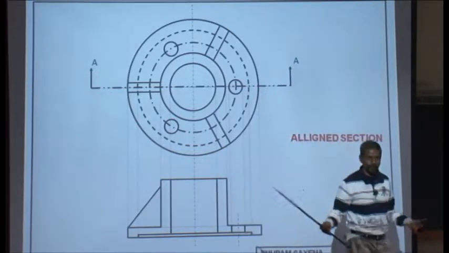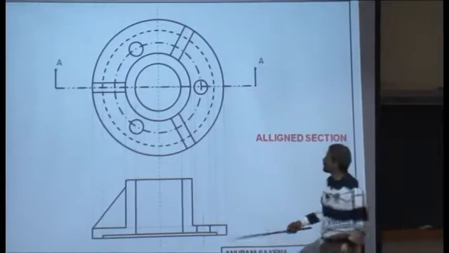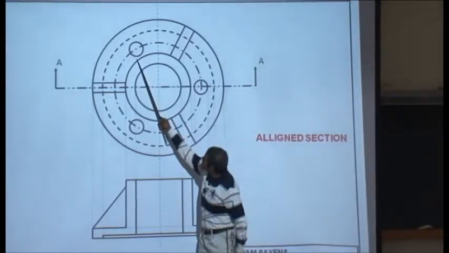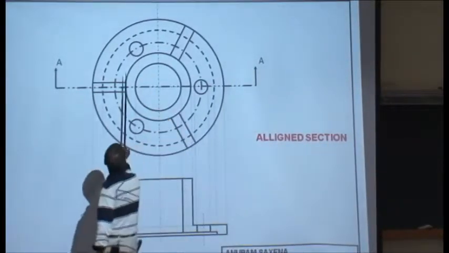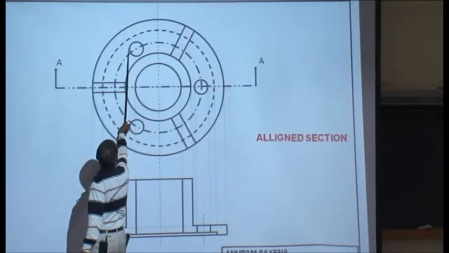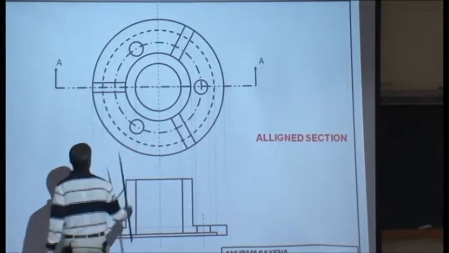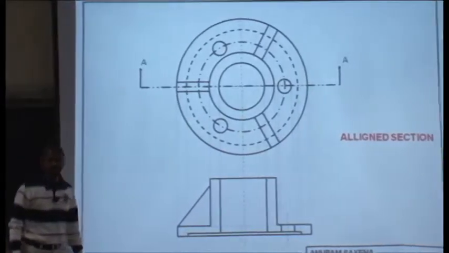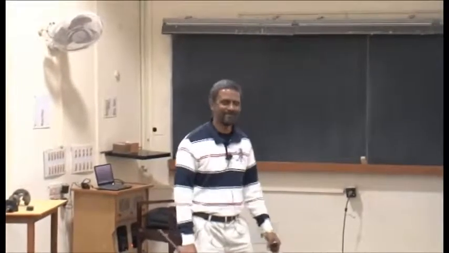And likewise for the holes also, for this hole. The hole won't be visible, okay? The rib will be visible.